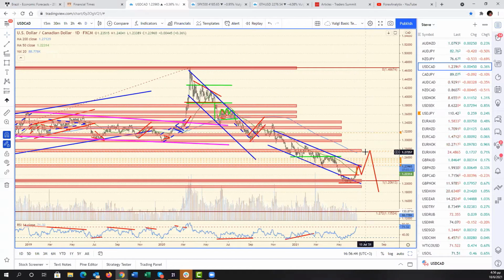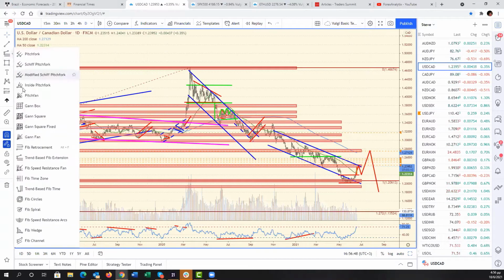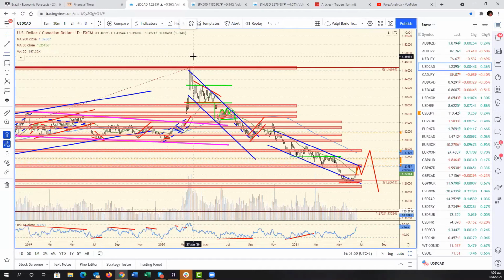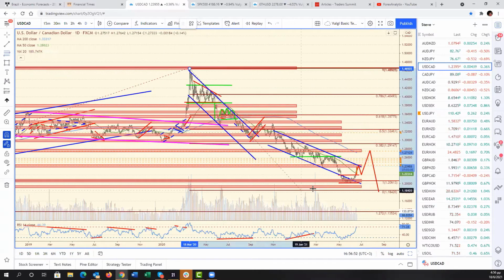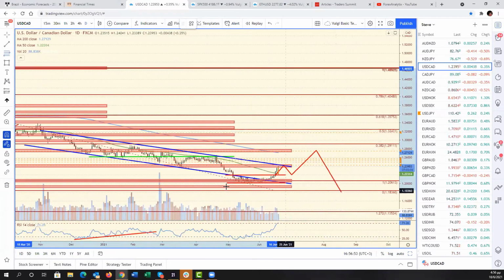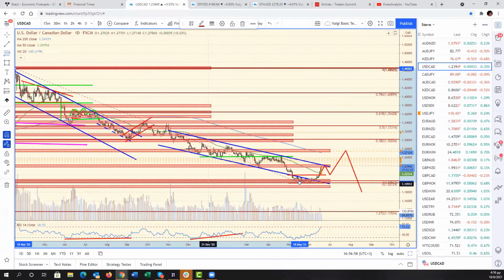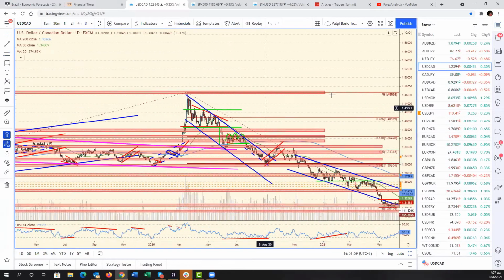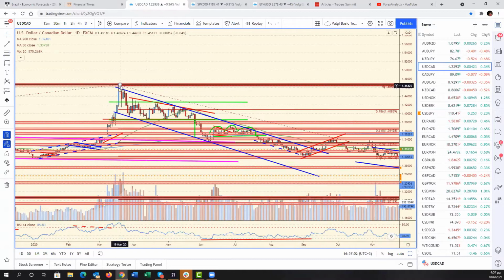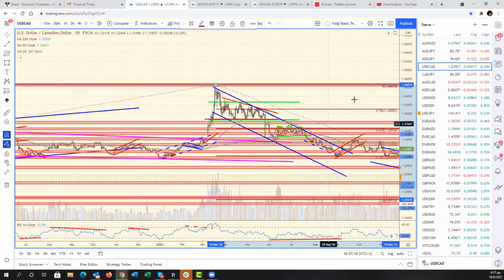Even if we retrace back to 127.50, even assuming that, okay, let's see, there it is.